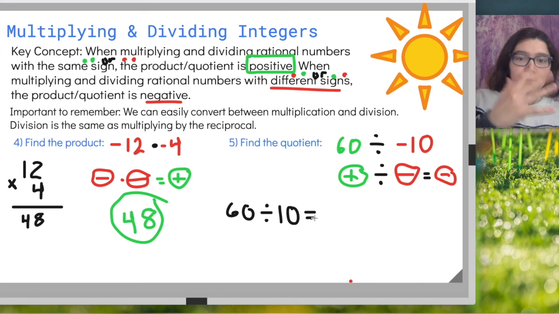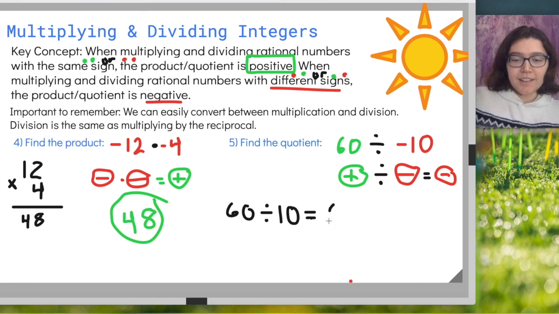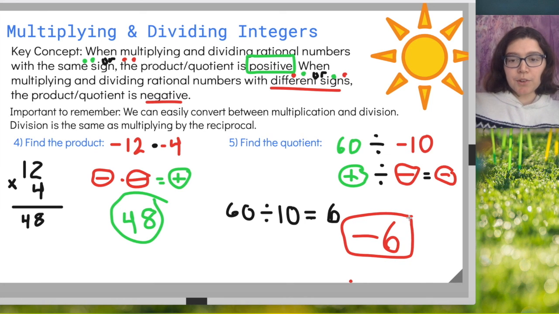Right? So I have 10 multiplied by 6. I'm going to get 60. Thus, 60 divided by 10 is equal to 6. Okay? Thus, 60 divided by negative 10 is going to be equal to negative 6. So that's going to be the quotient here. 60 divided by negative 10 is negative 6.